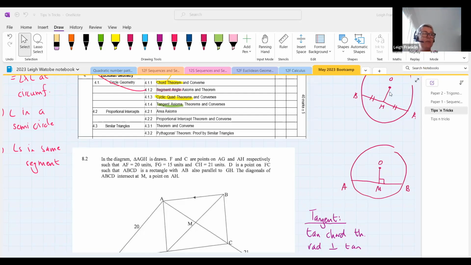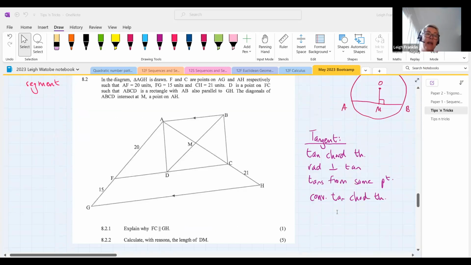So if we can establish that an angle is equal to another angle, then I can work backwards and establish that a line is a tangent to a circle, for example. So that would be its converse. So working forwards is the theorem that you get taught. Then the converse allows you to work backwards. So converse tan chord theorem proves that a line is a tangent to a circle, for example.